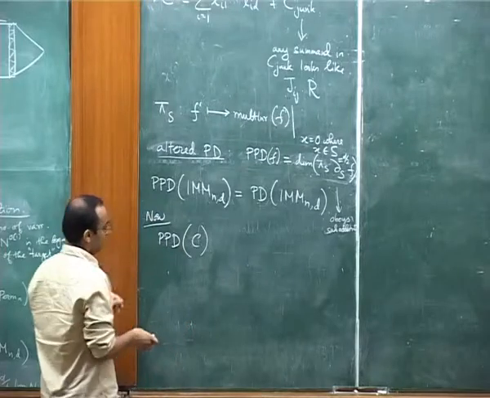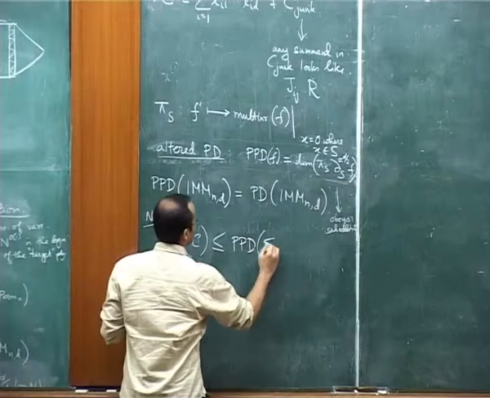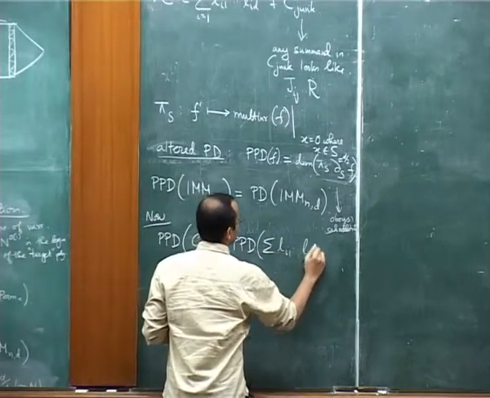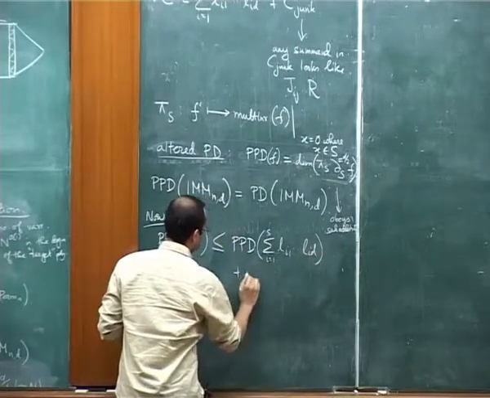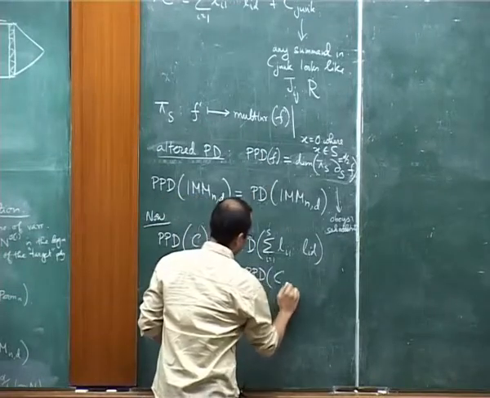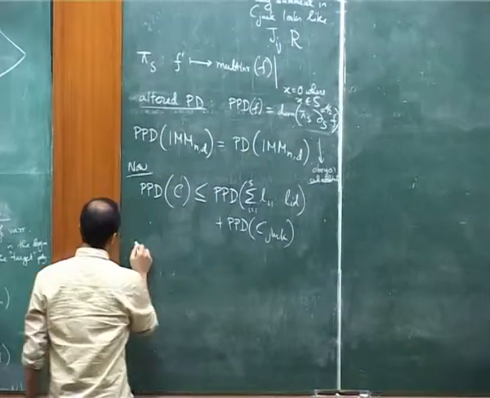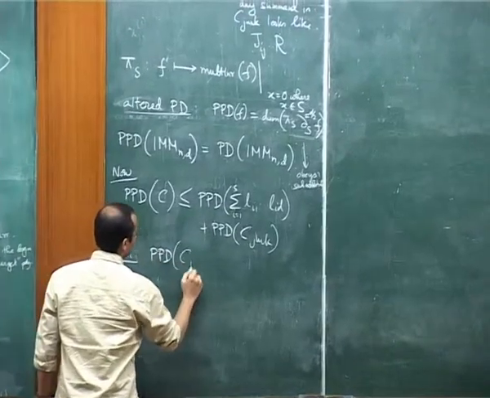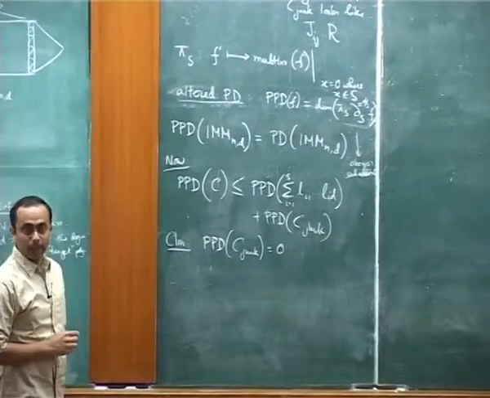So it obeys subadditivity. So I can easily write this as the C-junk part. The claim is this is equal to 0. Let's see.